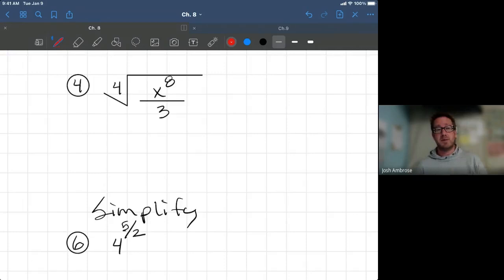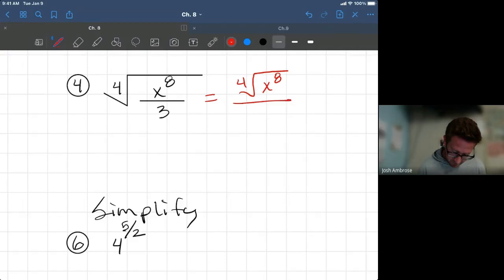Okay, so example problem number 4, we're taking the 4th root of x to the power of 8 over the number 3. And what we're going to do is we're going to rewrite this so you could see what you're really dealing with. And it's completely all right to rewrite this so that it looks like this. All right, and here's why: because x to the power of 8 works out perfectly.